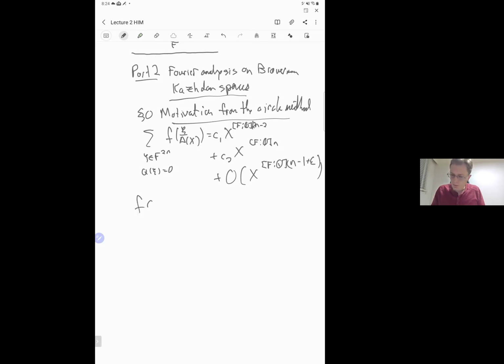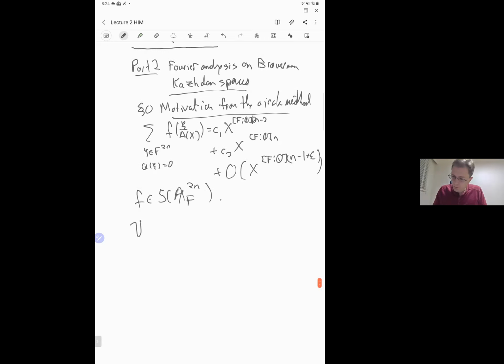And here f is some Schwartz function on AF^2n. Right, and then the question is, what is the meaning of C2?